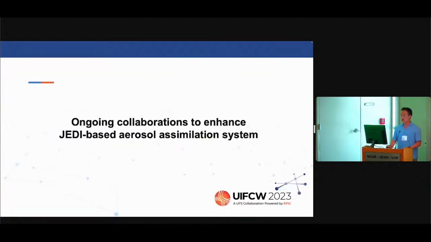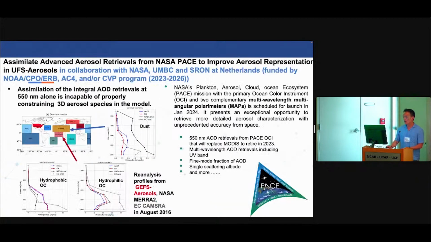And next, I'm going to spend some time talking about our ongoing collaborations attempting to further enhance this JEDI-based aerosol data assimilation system. As you may realize, all the diagnostics I showed in the previous slides are in terms of AOD, not specific aerosol species. It is because assimilating integral AOD retrievals at a single wavelength is not able to properly constrain the 3D aerosol species in the model.